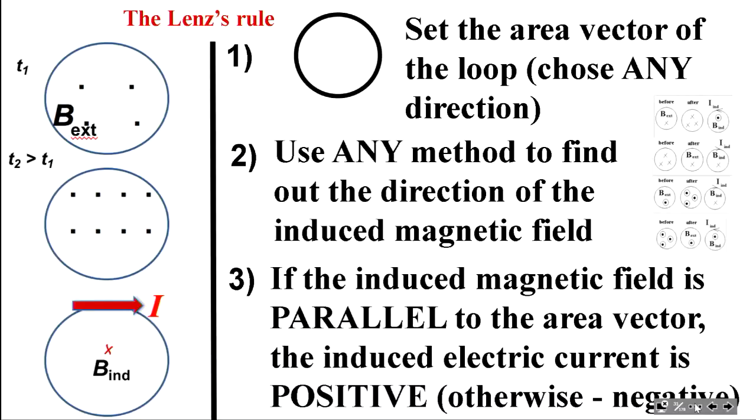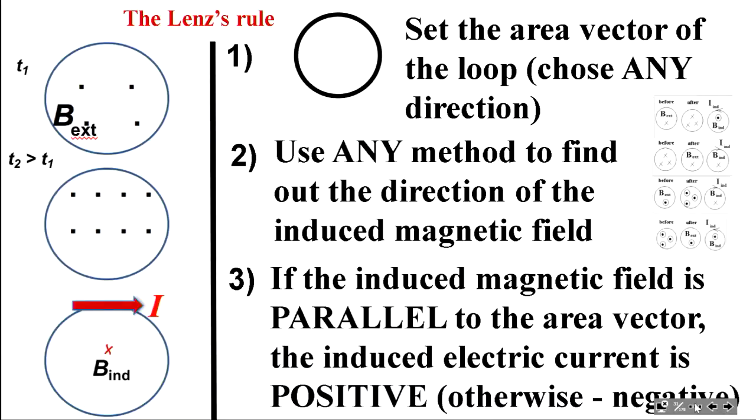This is how we defined those two directions independently from any observer. It looks like it does, but it's not, because it says any direction. You can set the area vector in any direction. And then you can use the magic, and you can figure out the direction of the induced magnetic field.